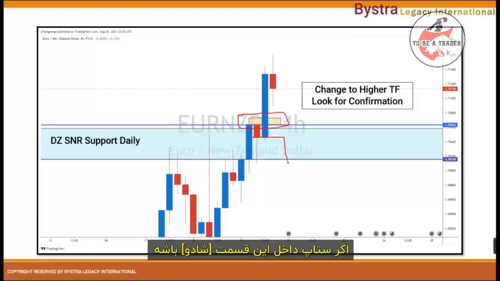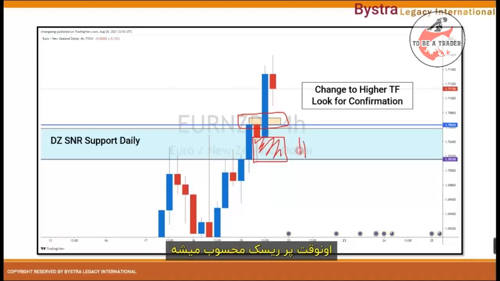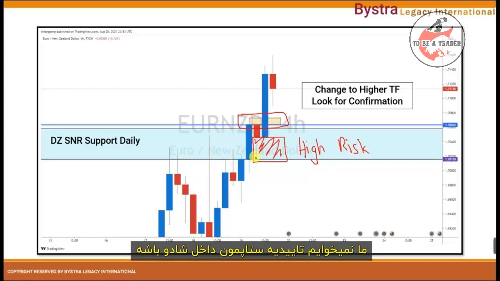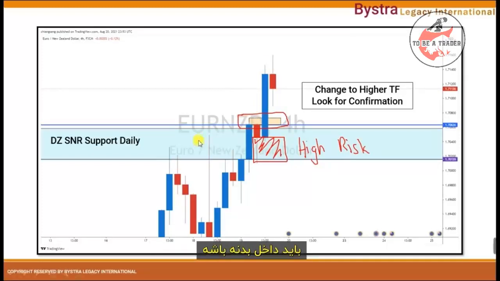If the setup is in the wick, then it is considered high risk. Exactly, guys, always remember this. We do not want the confirmation setup to be at the wick. We want it to be at the body of the candlestick. I repeat again, it has to be in the body.